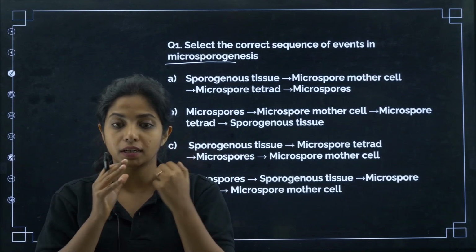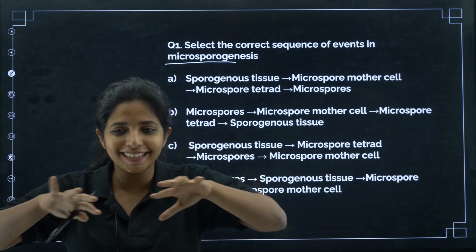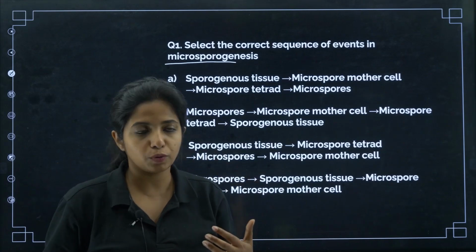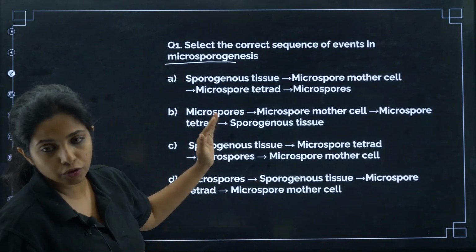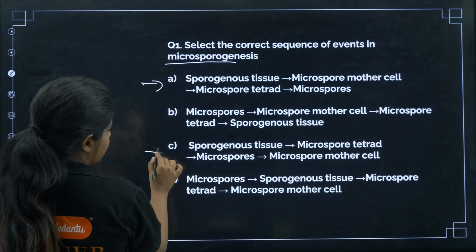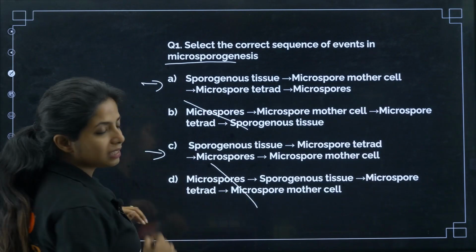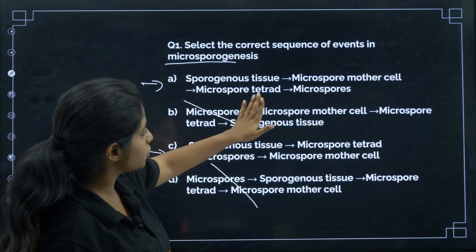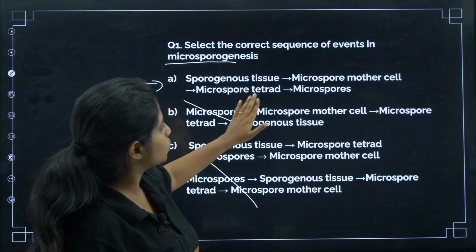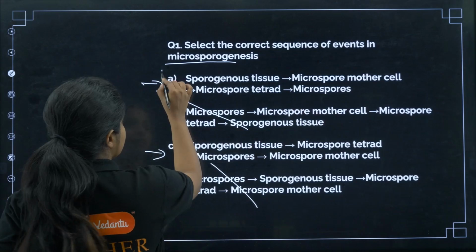They are 4 in number, together. Then they slowly segregate, and that's how you get microspores. So the options that start with sporogenous tissue are this and this, so I can eliminate these two options. Now I can read the options: sporogenous tissue, microspore mother cell, microspore tetrad and microspore. This is the answer.